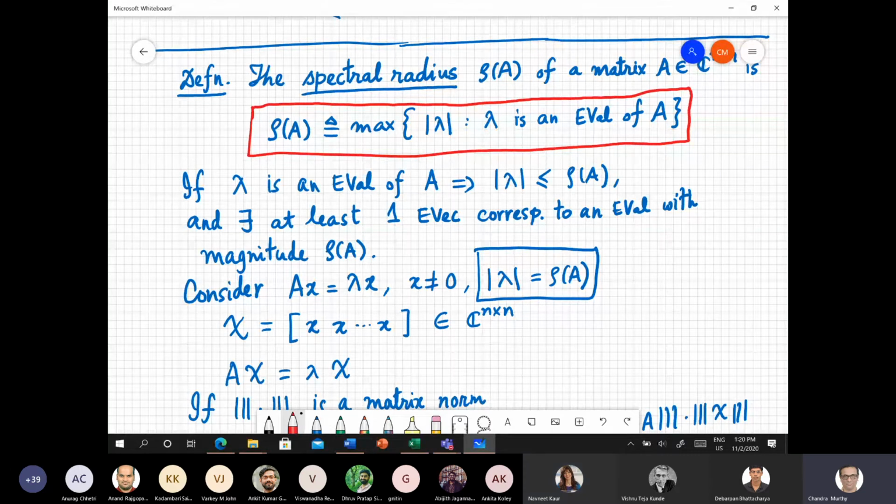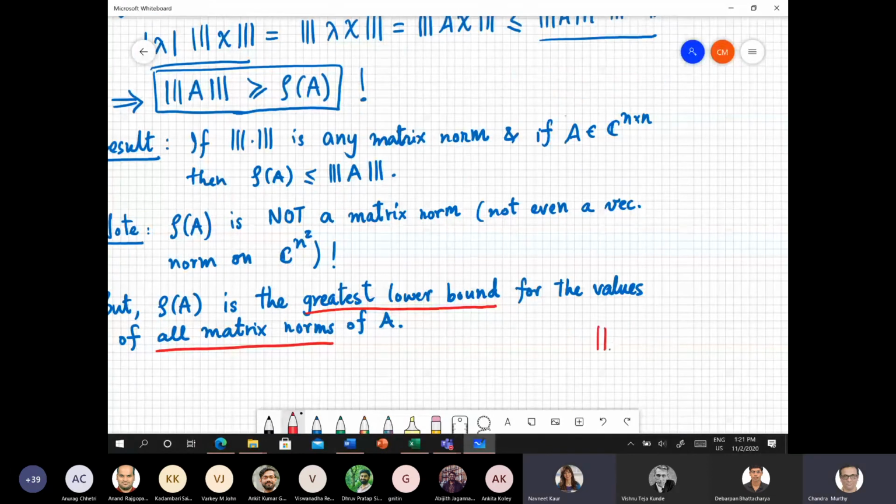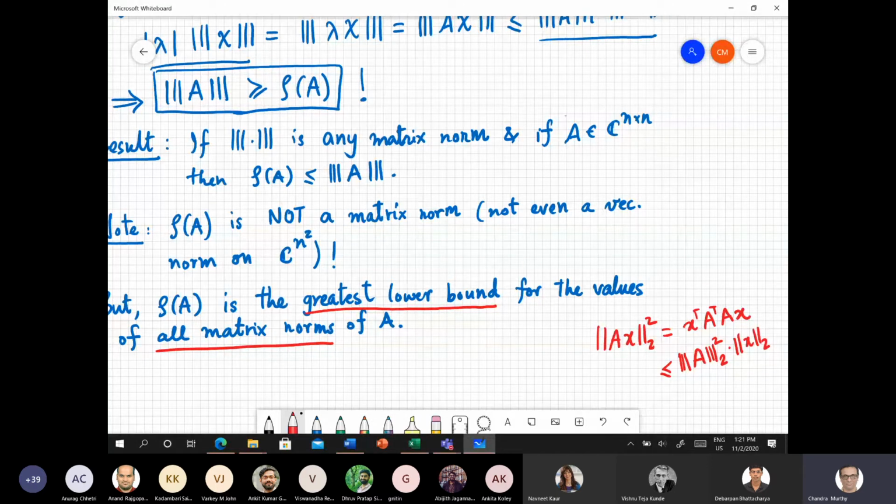And if you're looking at a quantity like this, what you can show is that this quantity is actually equal to X transpose A transpose AX, and this you can show is less than or equal to this norm.